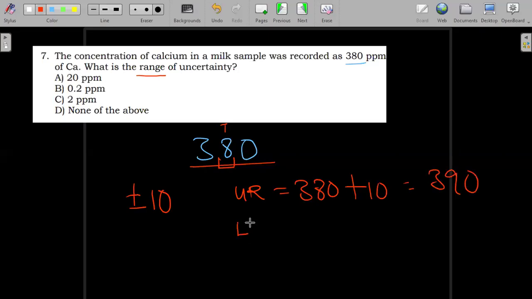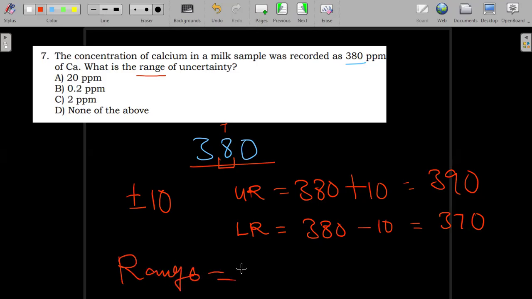And then to get the lower reading, we are going to say 380 minus 10. So this is going to give us 370. Now to find the range, we subtract the upper reading 390 minus the lower reading 370. So this is going to give us 20. So you go there and pick your 20 as your answer.